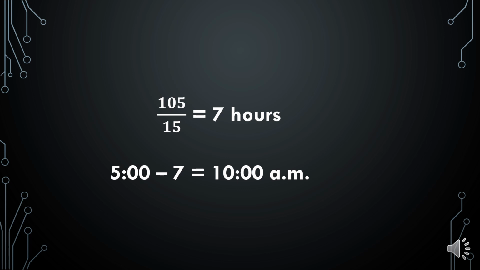When we are calculating the time going west of the Greenwich meridian, we are losing time. Therefore, we must subtract from the time at the Greenwich meridian in order to find out what time it is at a place located 105 degrees west of the Greenwich meridian. So in this case, we subtract our difference in time, which is 7 hours, from the 5 p.m., which is the time at Greenwich.